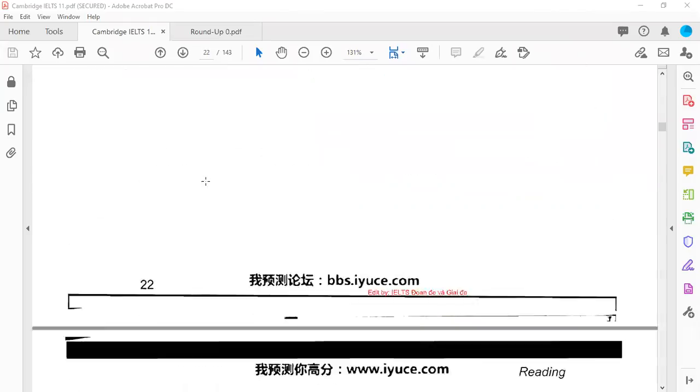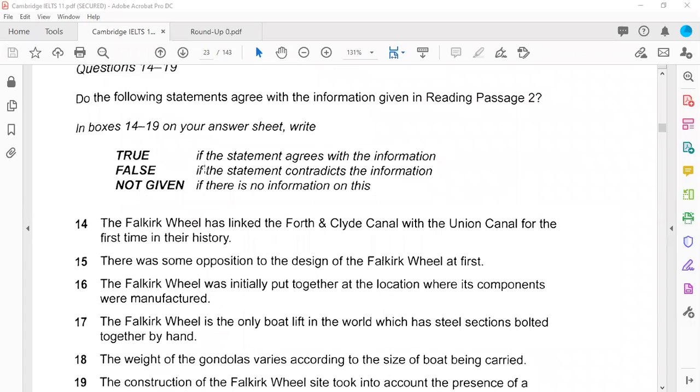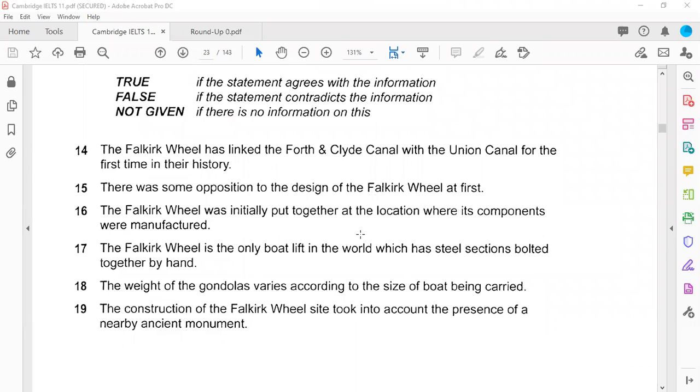Okay, now they say, it was initially put together at the location where it was manufactured.